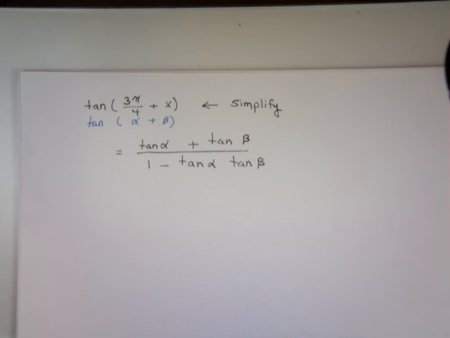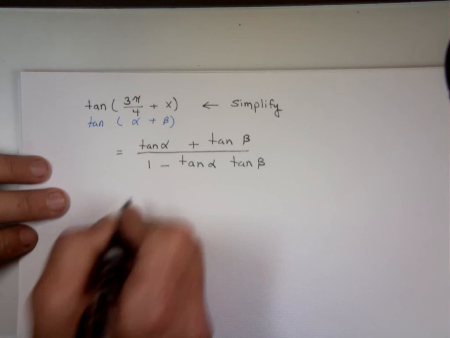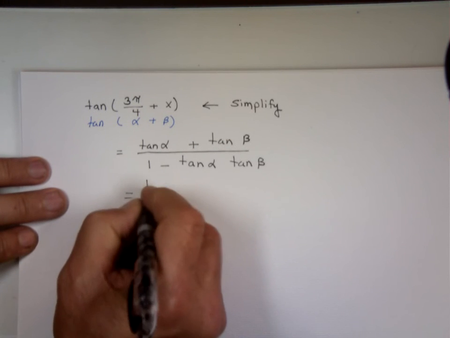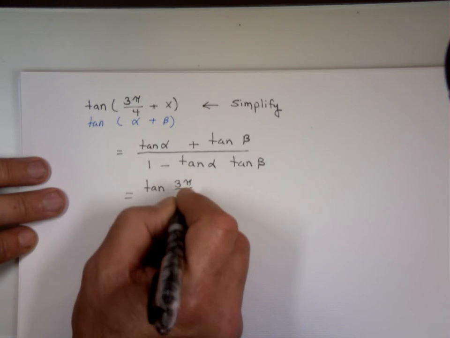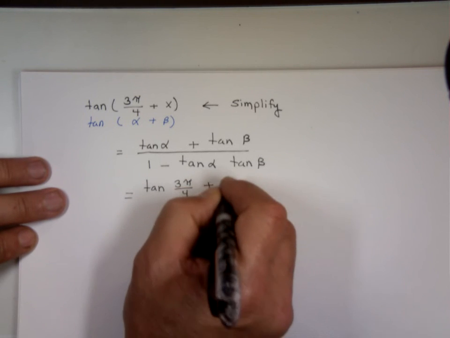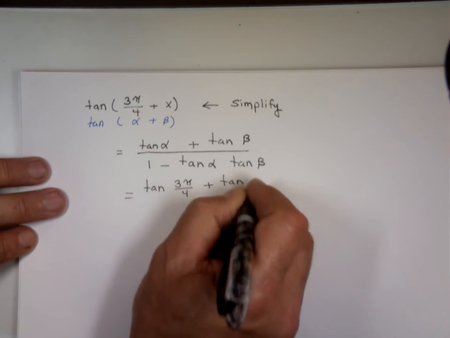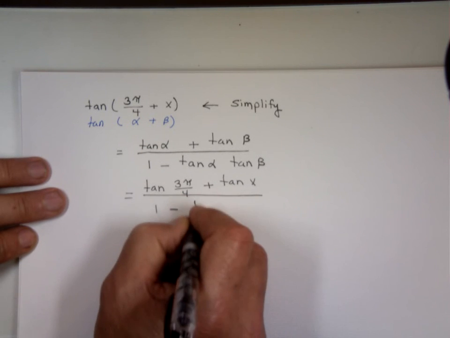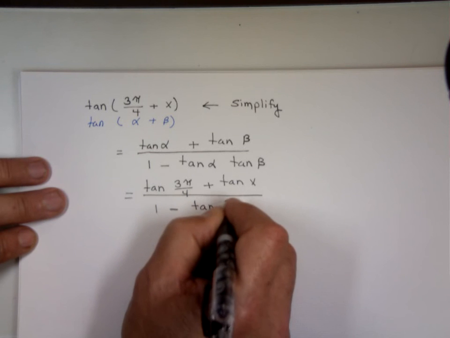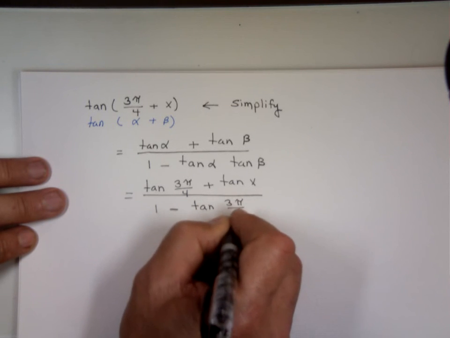So now let's plug them in. Alpha is what here? 3 pi over 4. That's tangent 3 pi over 4 plus tangent x over 1 minus tangent 3 pi over 4 tangent x.